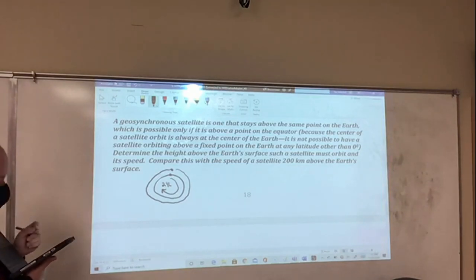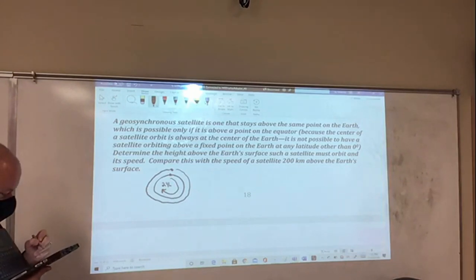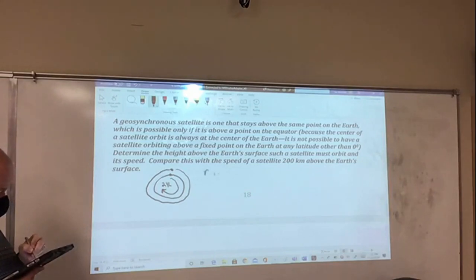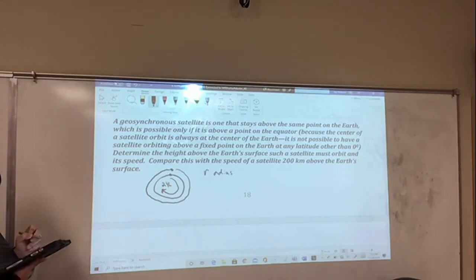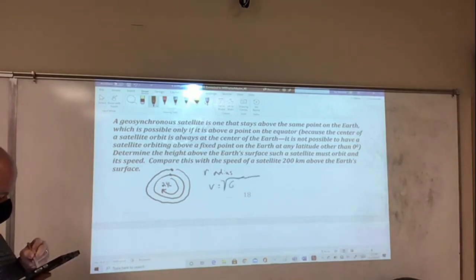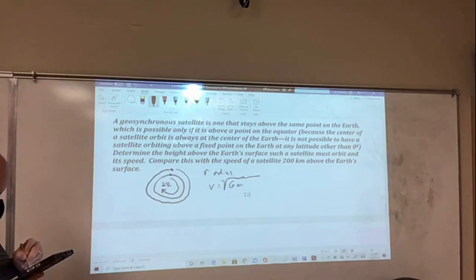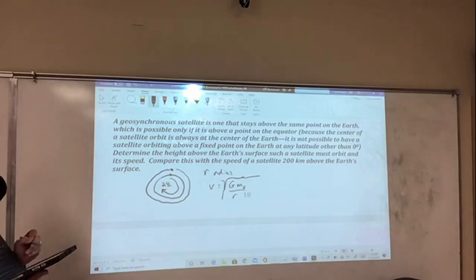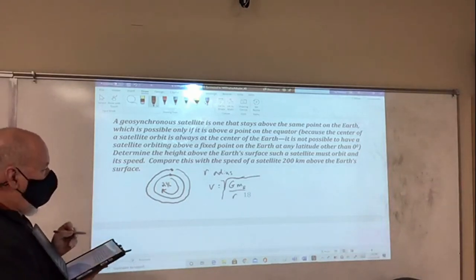Okay, so how am I going to figure that out? I'm going to need to know what the radius of the orbit is, right? And I'm going to need to use V equals the square root of G, mass of the Earth, divided by the radius to figure that out.